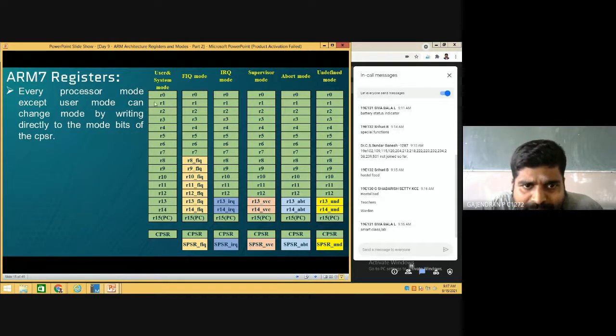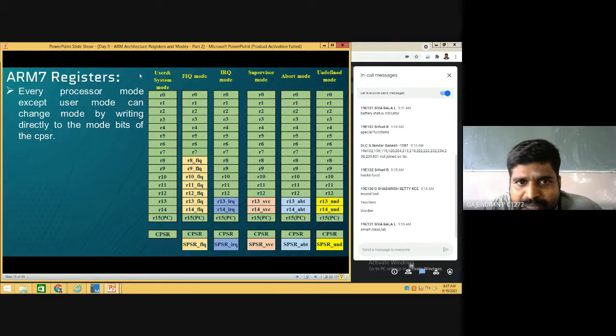So you are accessing R0 to R15 registers and the CPSR register. Now you are switching from user mode to FIQ. Tell me whether these modes are permanent or temporary.